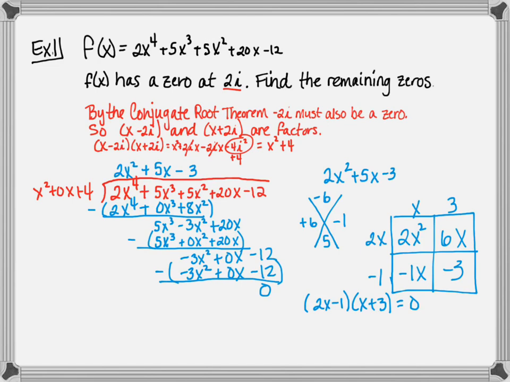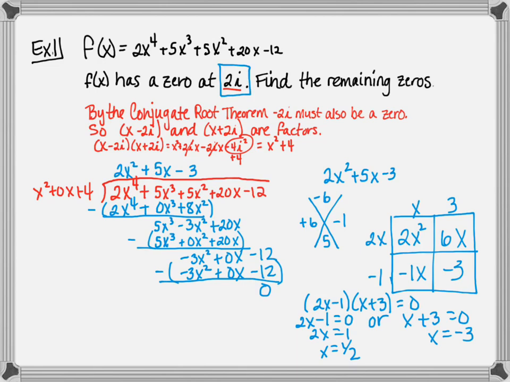If we set that product equal to 0, we'll use the zero product property. 2x minus 1 equals 0, or x plus 3 equals 0. Add 1 to both sides, 2x equals 1. Divide by 2, x equals 1/2. Subtract 3, x equals negative 3.